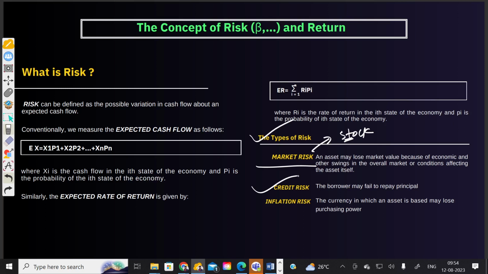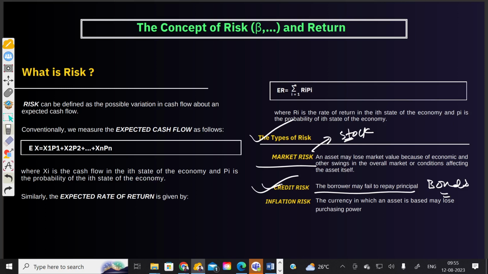And what about the credit risk? Your bonds investment. When you invest in bonds, what if at the time of maturity the borrower, meaning the company that issued bonds to you, fails to repay the debt or your payment? That investment you can call a credit risk investment.